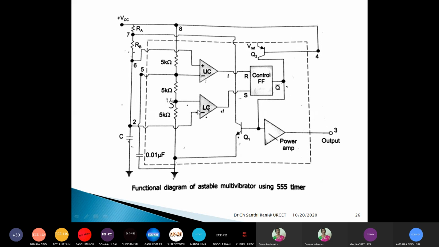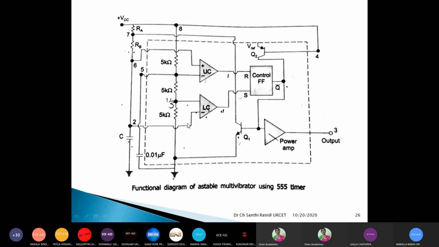So we know that for lower comparator, 1/3 VCC is given as reference voltage. And if you observe, the other input is the voltage across the capacitor only, right? So till now in monostable we have given external trigger pulse.